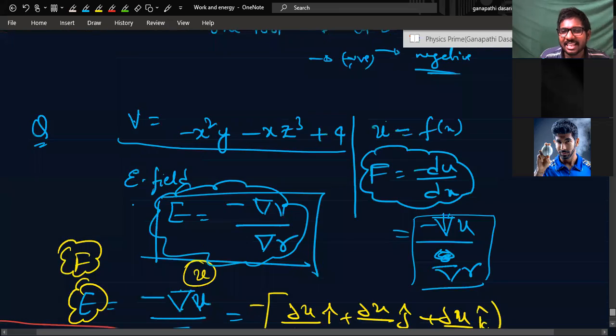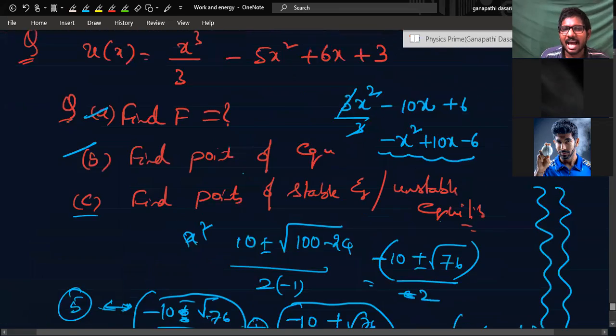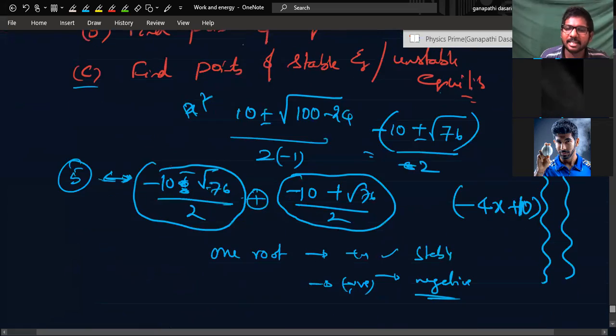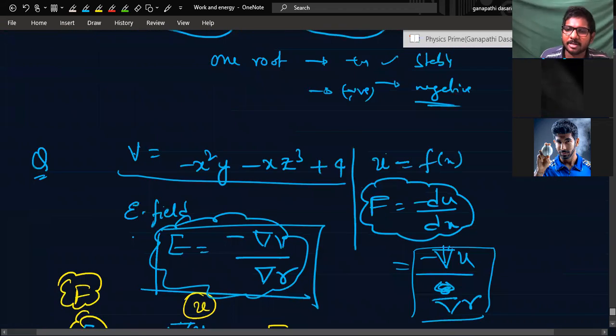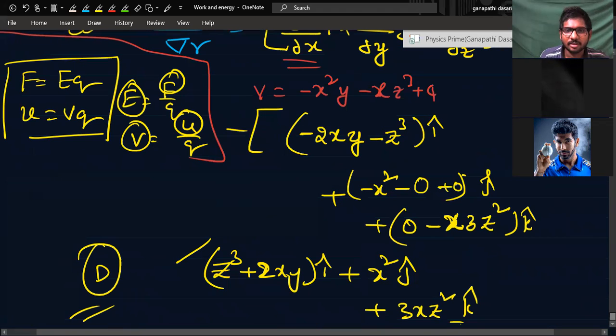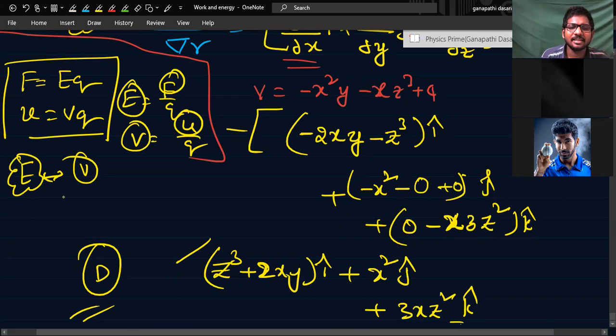So that question is given in electrostatics, but that is actually linked to work, power and energy. The same concept will be repeated in electrostatics and the same concept will be repeated in gravitation also, where gravitational field, potential and gravitational field are both related.